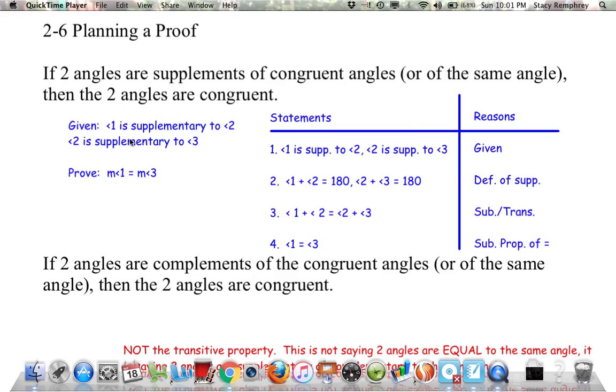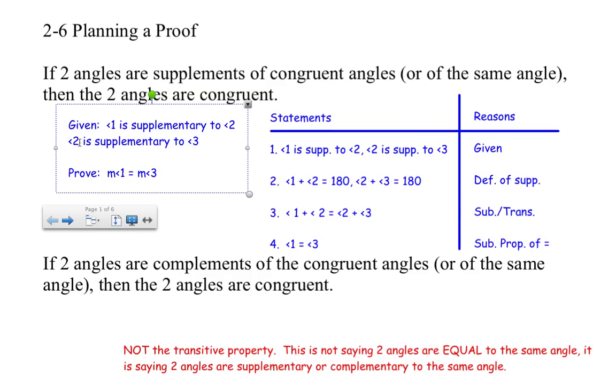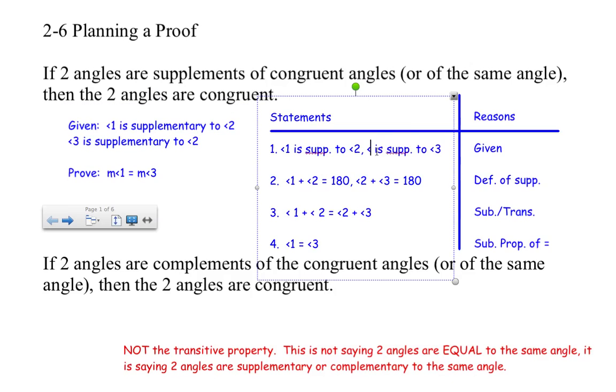If we're told angle 1 is supplementary to angle 2 and angle 2 is supplementary to angle 3, that's probably where we wrote that. Angle 3 is supplementary to angle 2. Then we know by definition of supplementary that angle 1 plus angle 2 is 180.